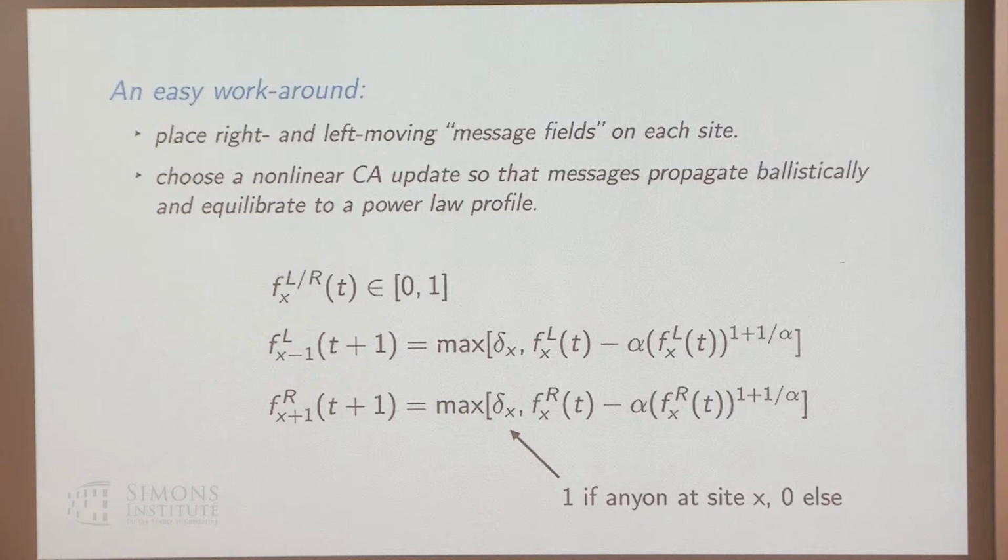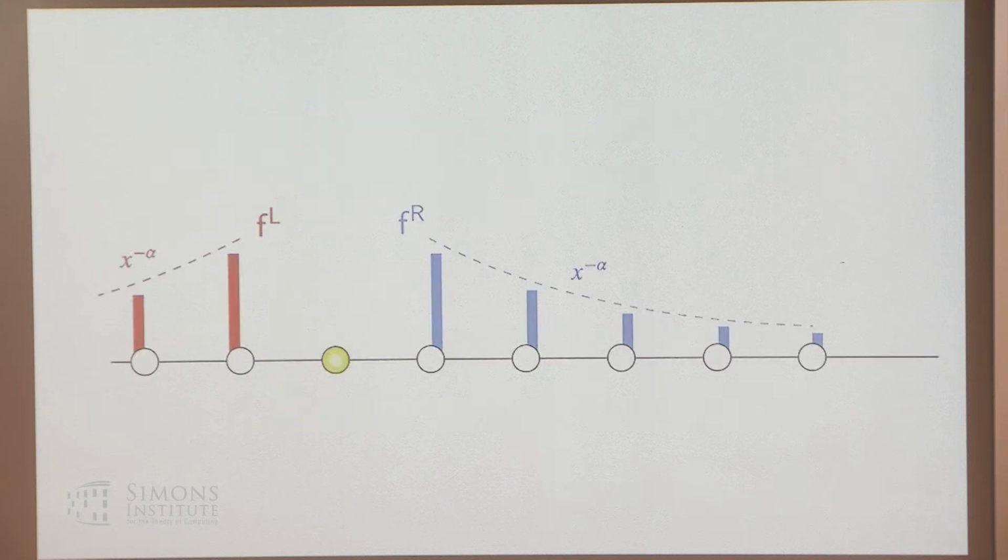So these fields are sourced at the location of anions, and they are updated away from anions according to some nonlinear update rule. What this results in is a potential profile being set up like this. I have an anion here, say at this site, and it creates a right-moving field, which decays with some power, and it creates a left-moving field, which decays with some power to the left.